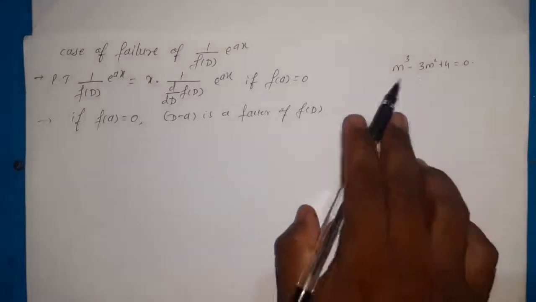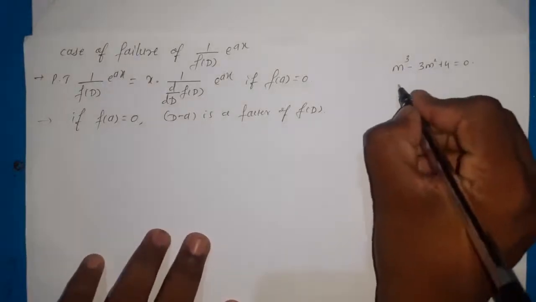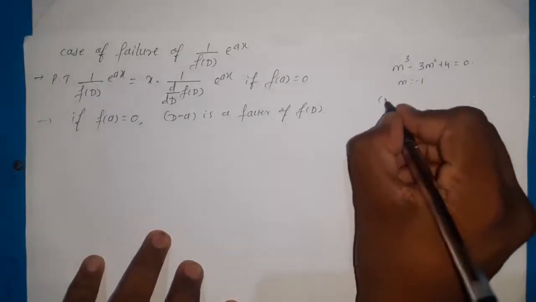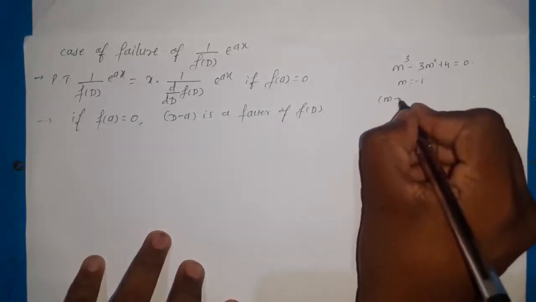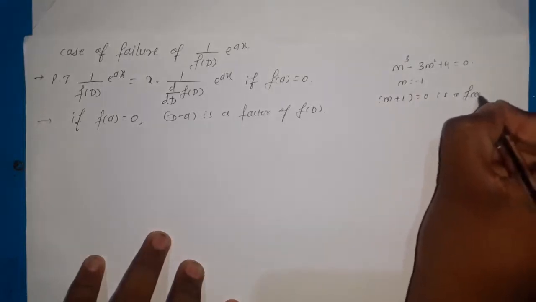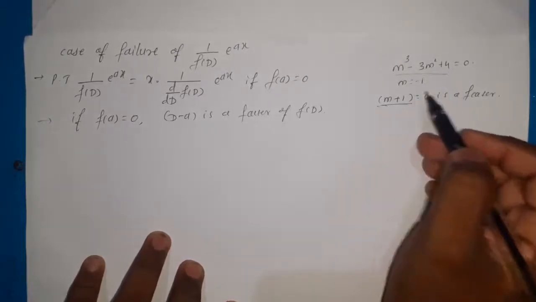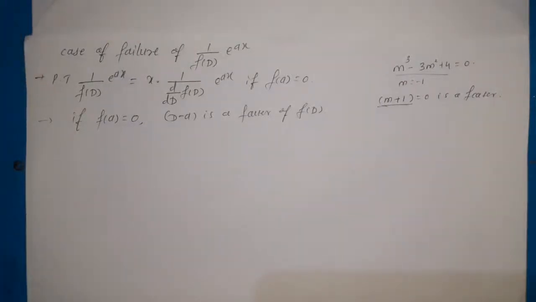So here m cube minus 3m square plus 4 equal to 0. This equation is satisfied for m equal to minus 1. Then we can write that m plus 1 is a factor of this equation. So like that, if f of a is equal to 0, then D minus a is a factor of the equation f of D.